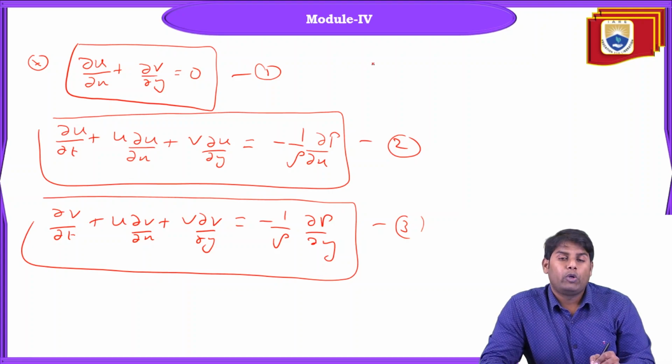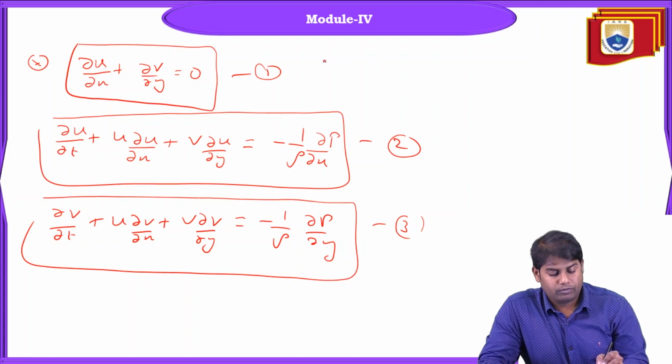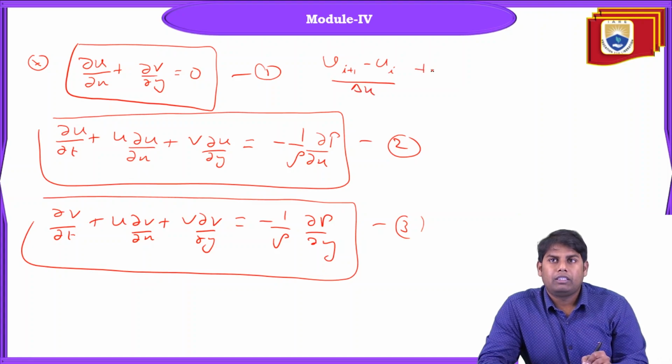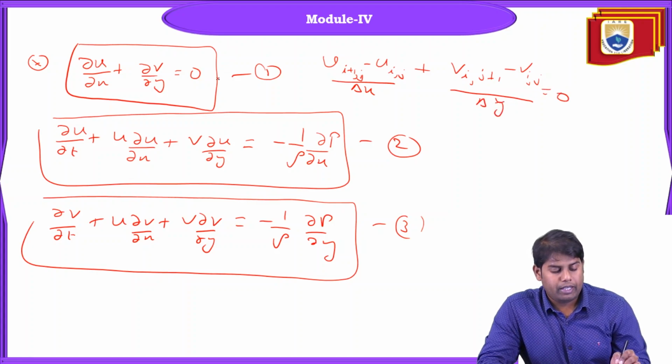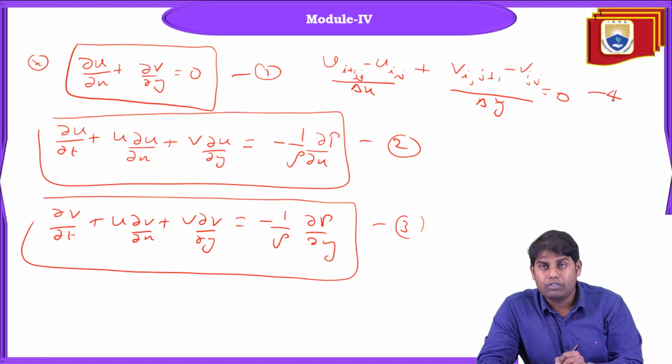We are doing it with a forward in time, forward in space scheme: (U(i+1,j) - U(i,j))/Δx + (V(i,j+1) - V(i,j))/Δy = 0, because it is 2D. You can compare this with equation 1; let's say this is equation 4.